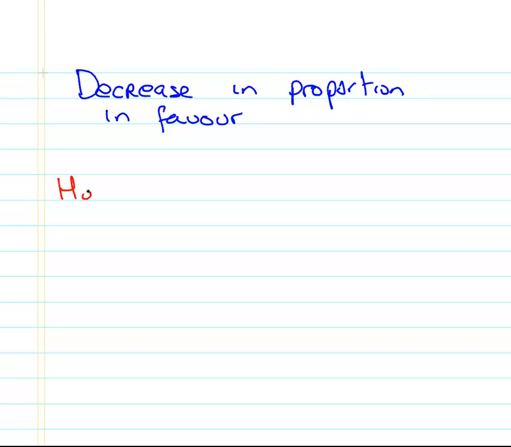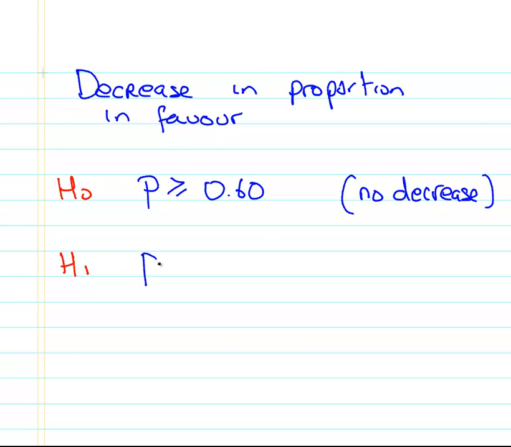I'm not going to do the whole thing out again, but how we would write the null hypothesis is p greater than or equal to 0.60, which is to say no decrease, and the alternative is p less than 0.60, a decrease.